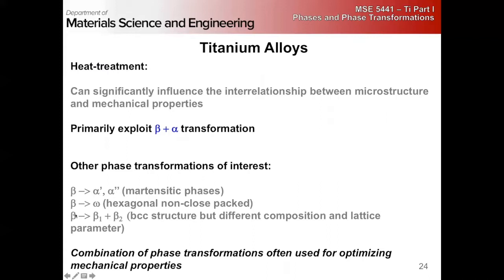We have our martensitic phases, our omega phase, and beta 1 and beta 2, which are both BCC, but they both have different compositions than the beta phase, and they also have a different lattice parameter. So there's strain effects associated with them, they're spinodal or quasi-spinodal type phases.